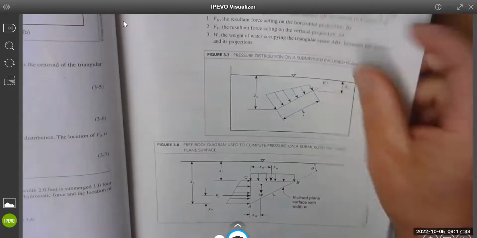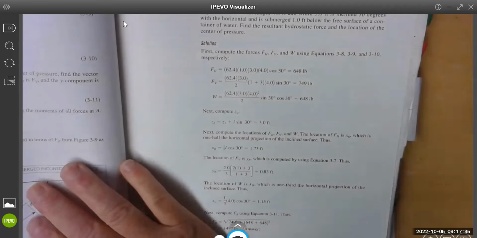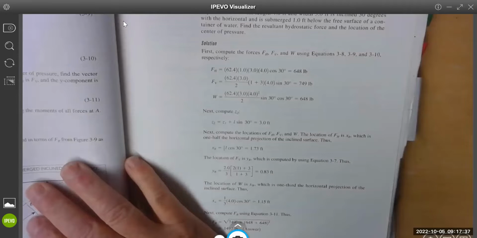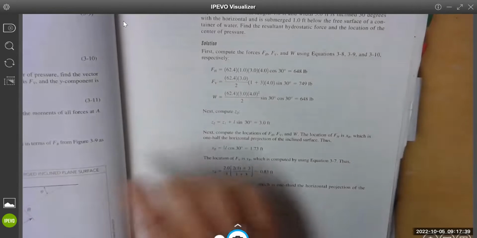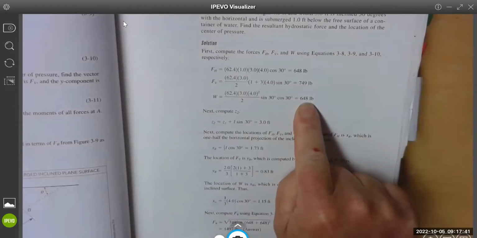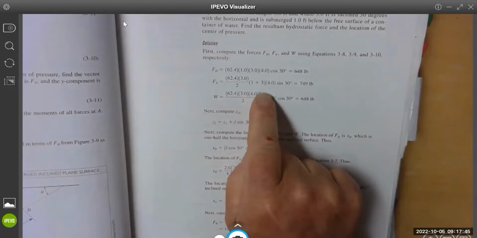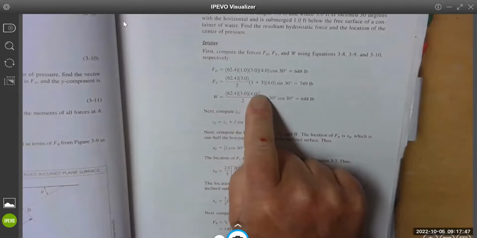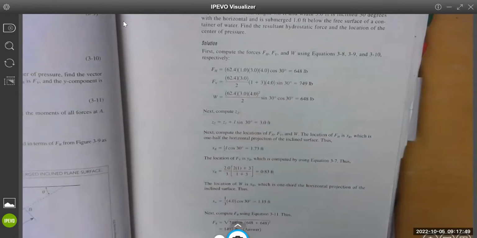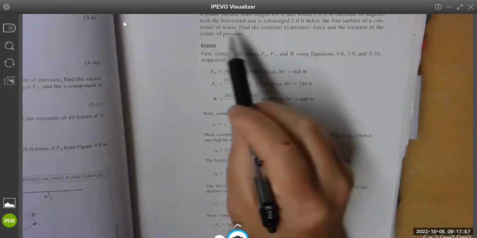Do they do an example? Yeah, they're going to do 62.4 times 3 times 4 squared over 2, one half base times height. Nope, that's not right. Yeah, that is.